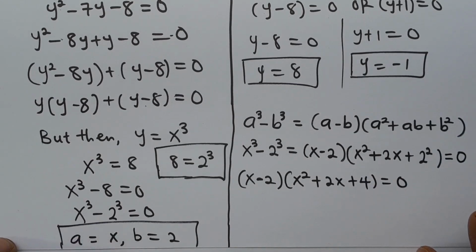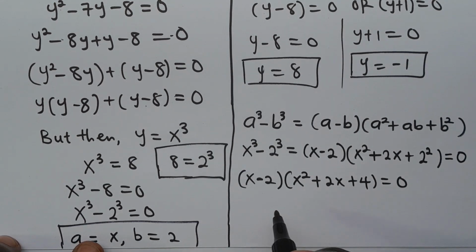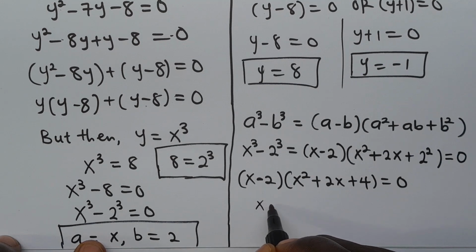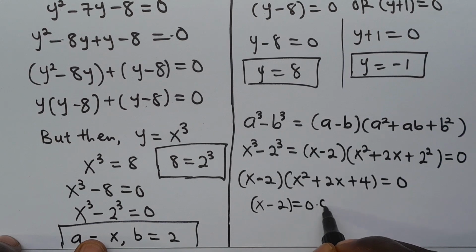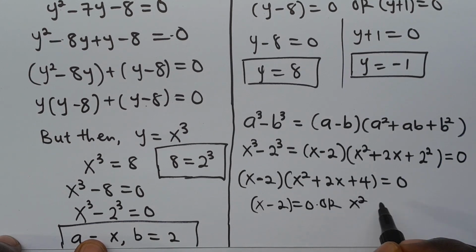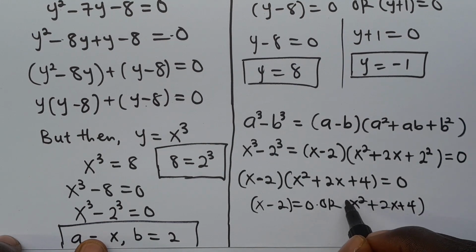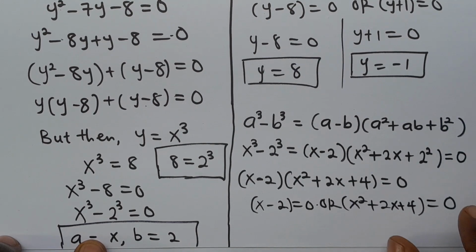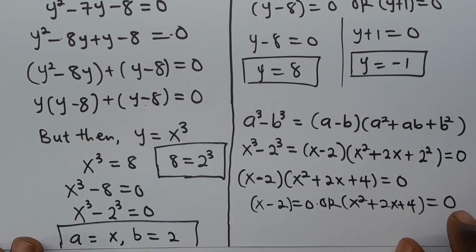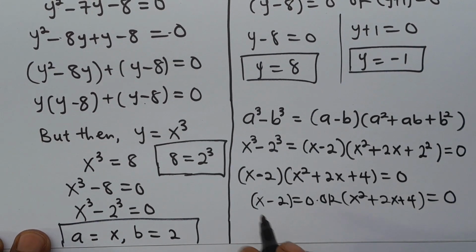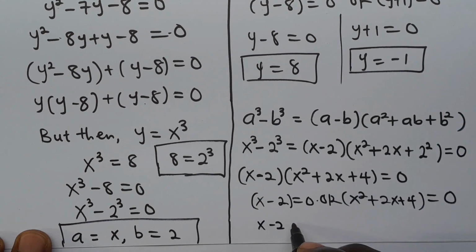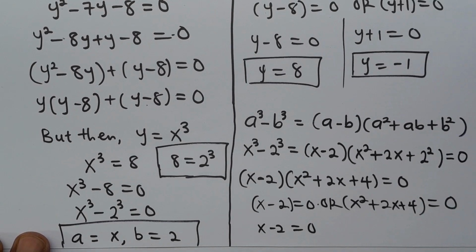Now it is either x minus 2 equals 0 or x squared plus 2x plus 4 equals 0. From the first one, we have x minus 2 equals 0, which means x equals 2.